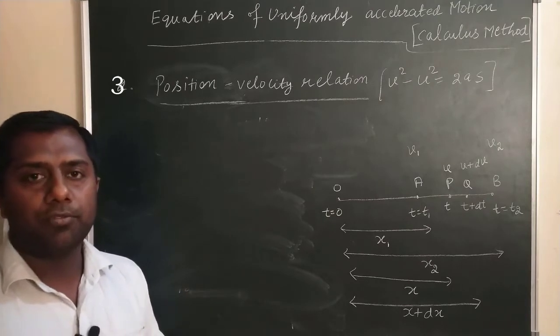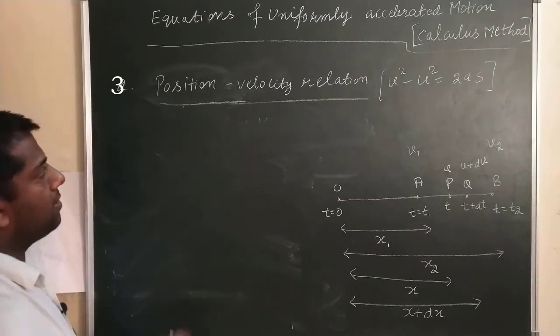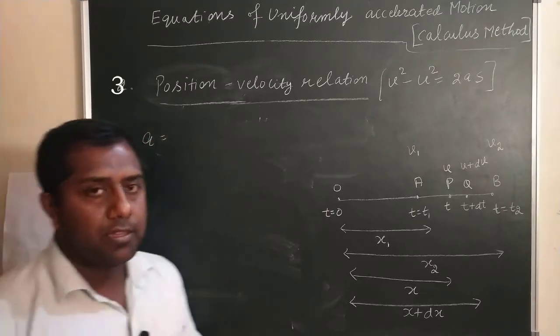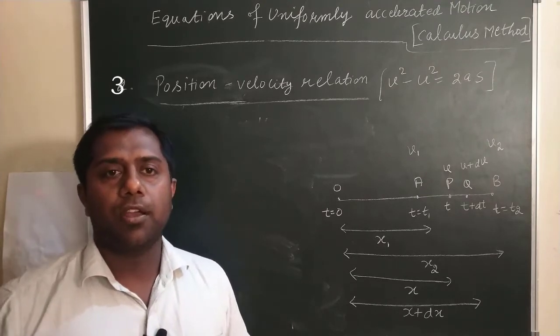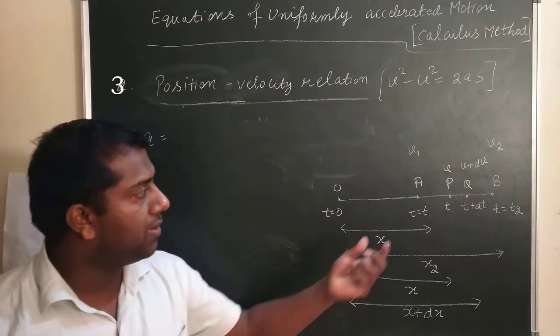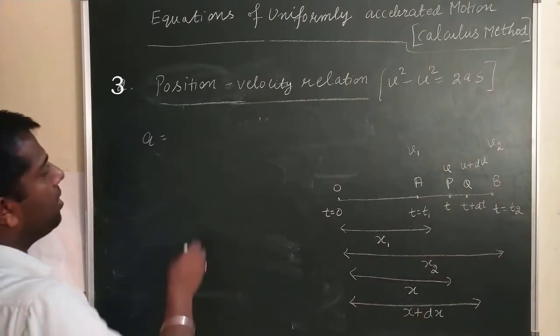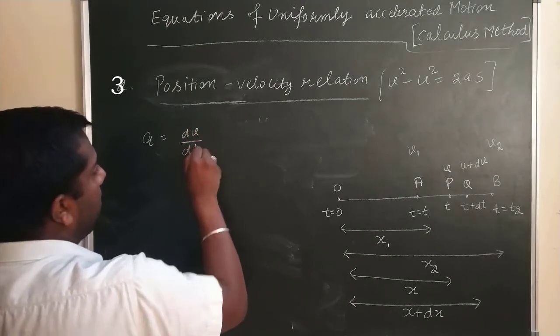So what we have to do again in this case, we will use the definition of the acceleration. Acceleration is simply the change in velocity to the change in time. For the use of calculus method, firstly we will define the definition for the small line element, which is pq. So this is dv by dt.